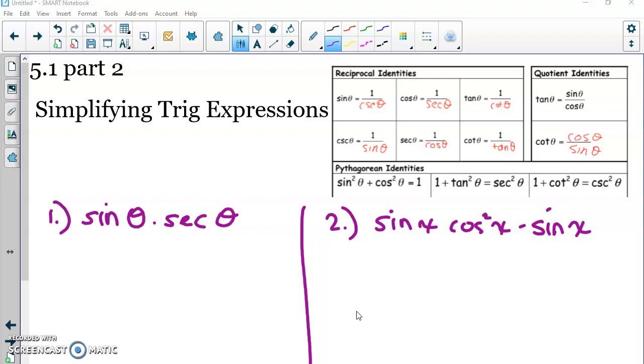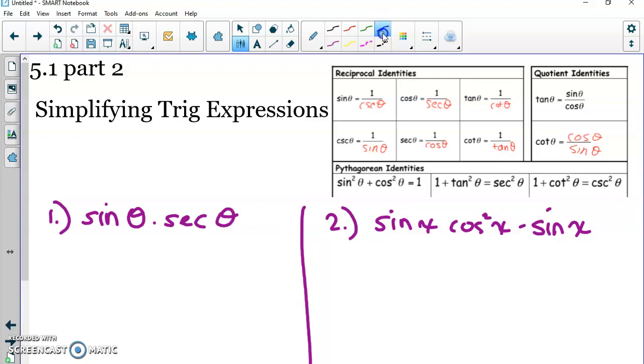So number one, sine of theta times secant of theta. I always suggest writing most things in terms of sine and cosine unless the two functions relate on their own. So in this case, sine of theta and secant. Secant is not the reciprocal of sine.